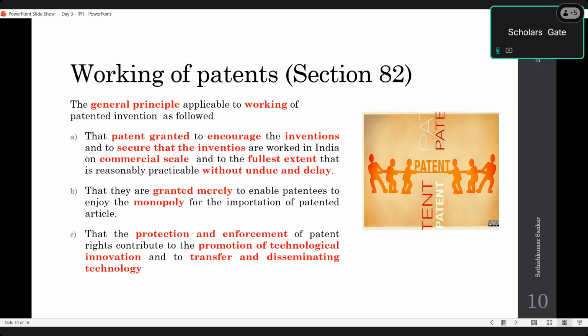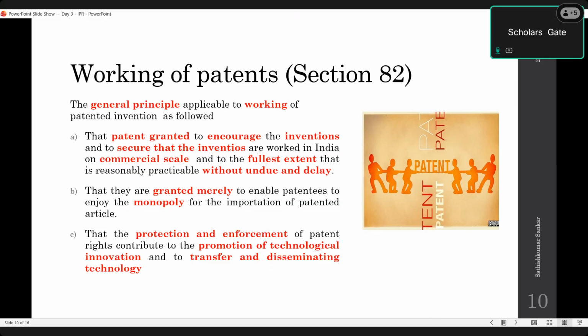Patents are granted merely to enable the patentee to enjoy the monopoly for the importation of the patented article. As I mentioned, the patentee has the full right to sell, import, or develop that particular product or process. It is a monopoly right, and the patentee has the right to utilize that particular invention to the fullest extent.